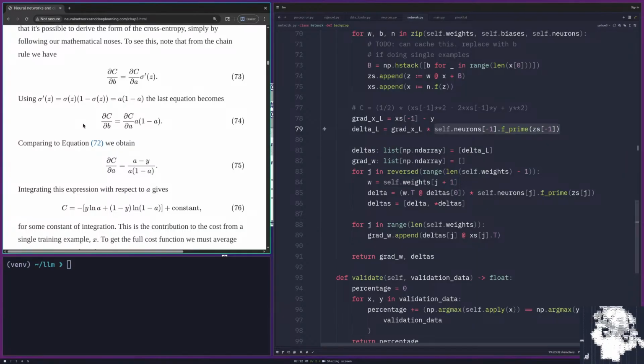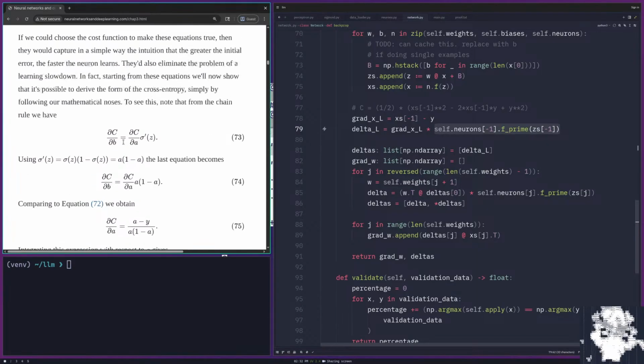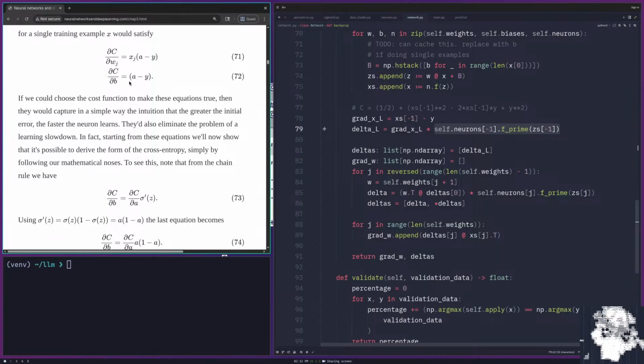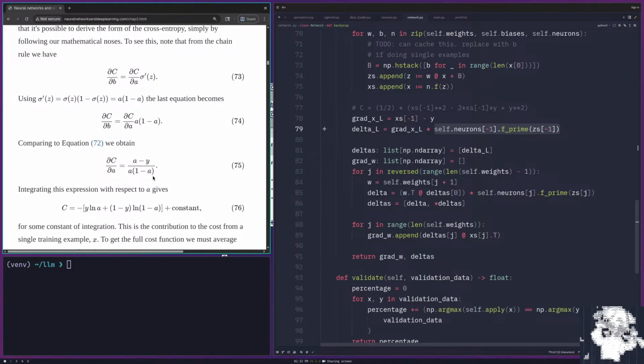Comparing to equation 72, which is the equation we want it to be, we obtain a minus y over a times 1 minus a.